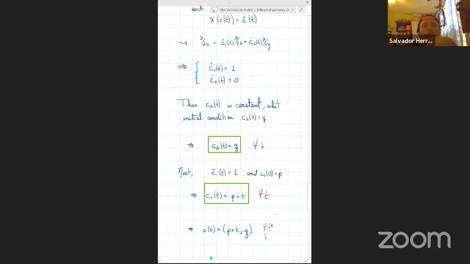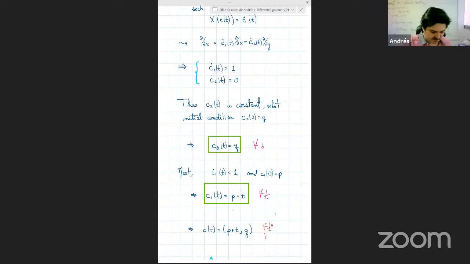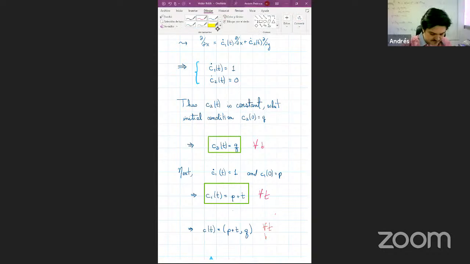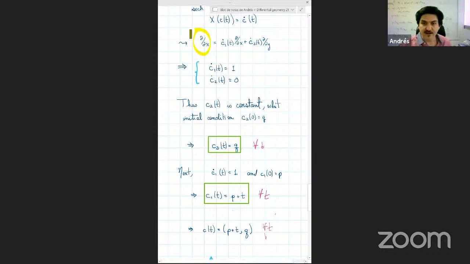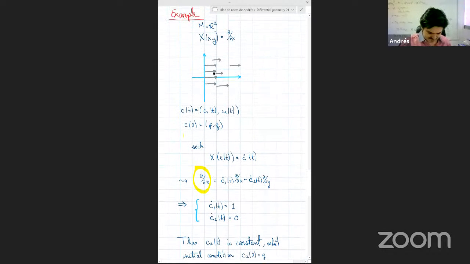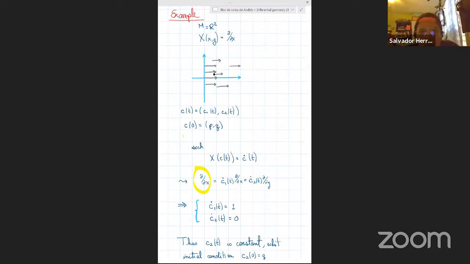I'm confused why we wrote the partial of x. Okay, hold on. Here? Yeah. Okay. Yeah, with this.